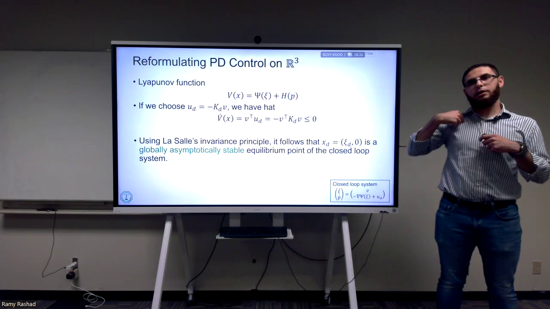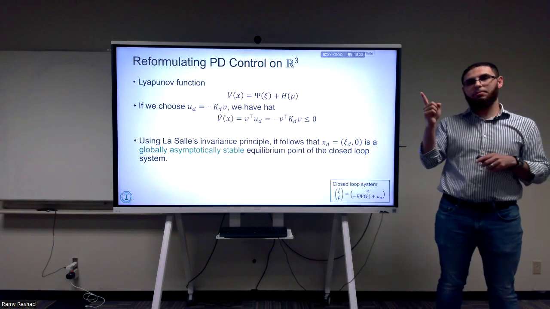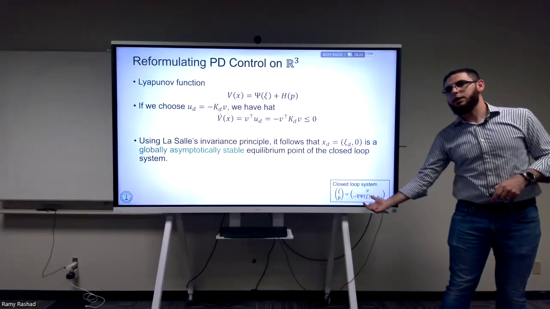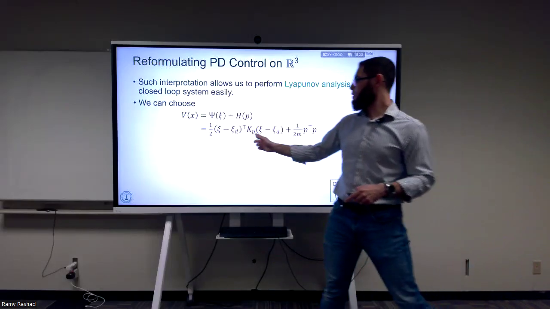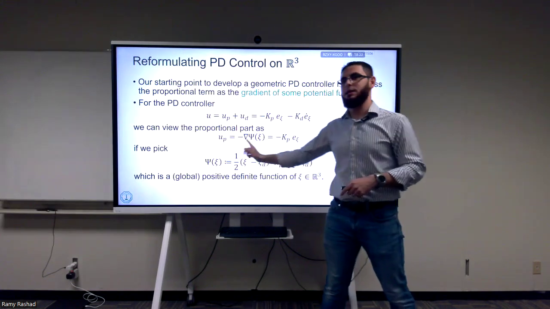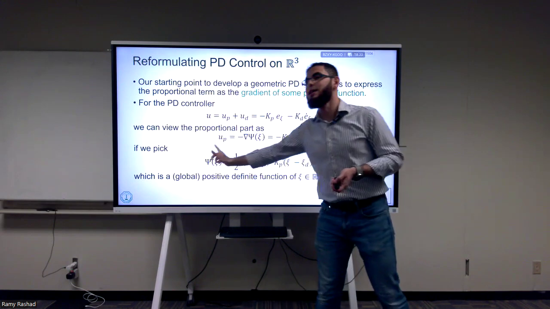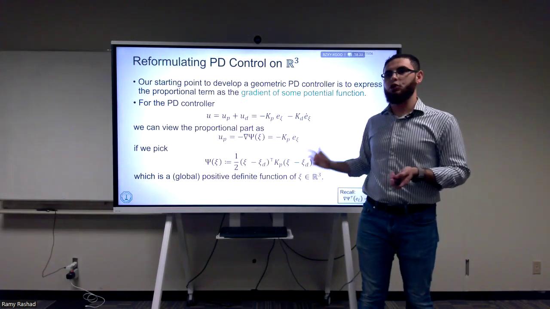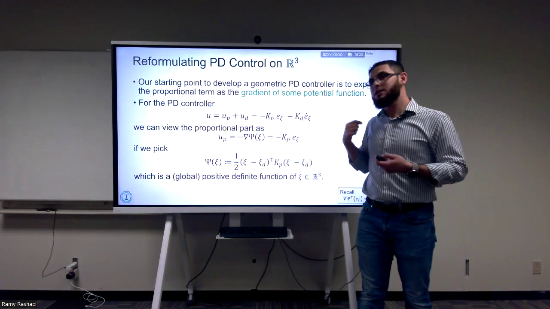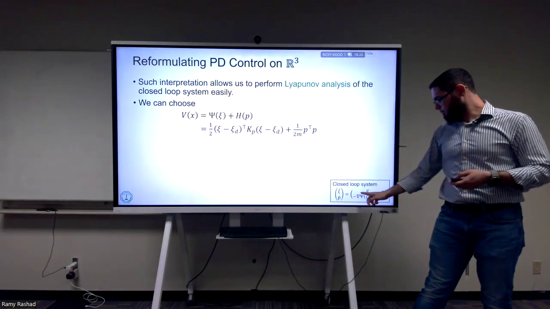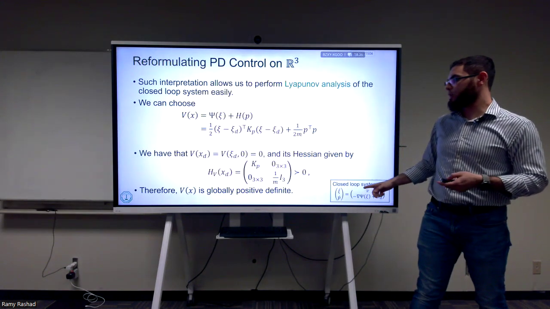I designed the psi to have only one minimum at psi equal to psi d. What does a minimum mean? It means if I take the gradient, it should be equal to 0.